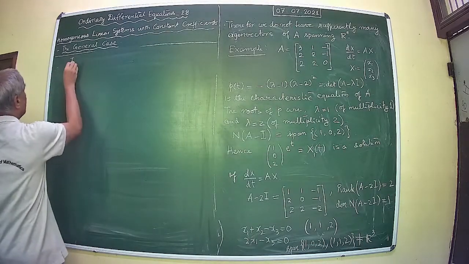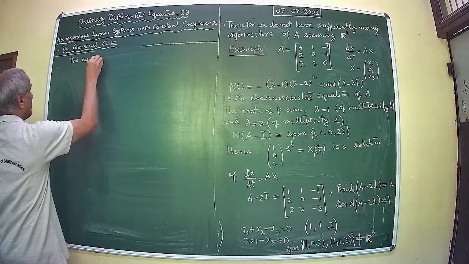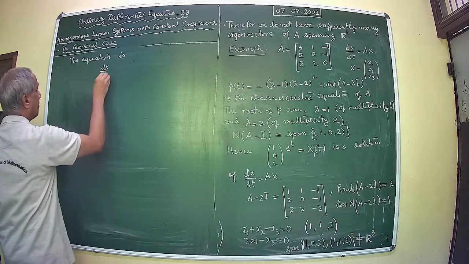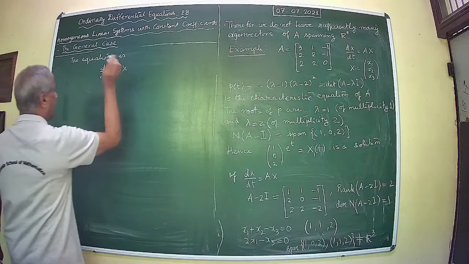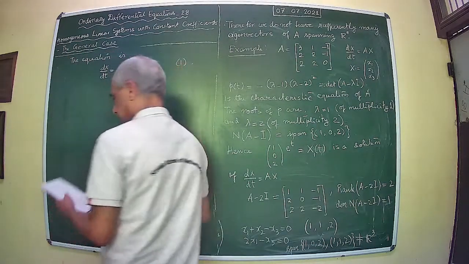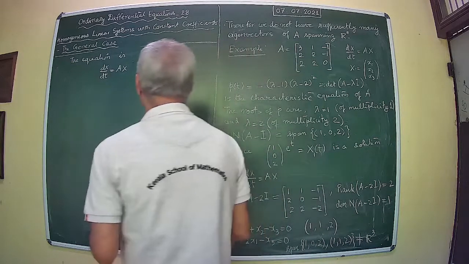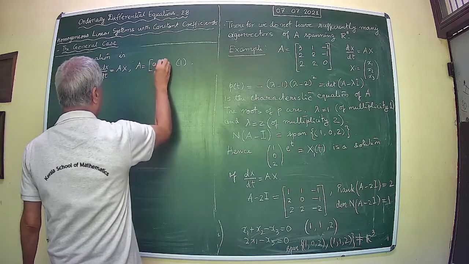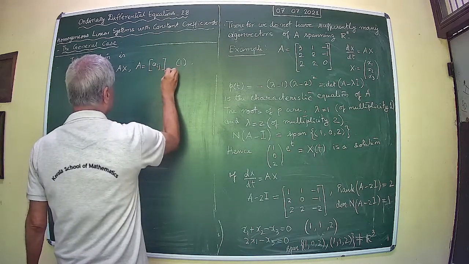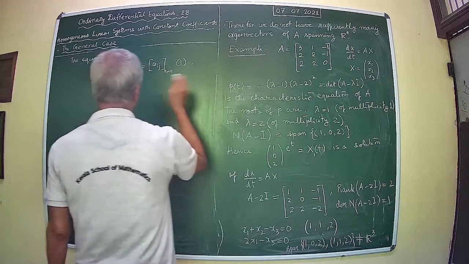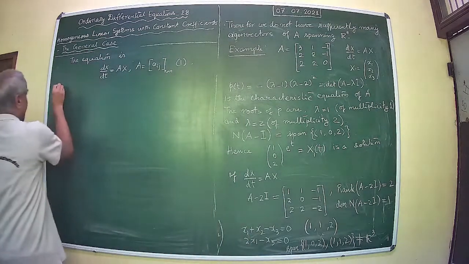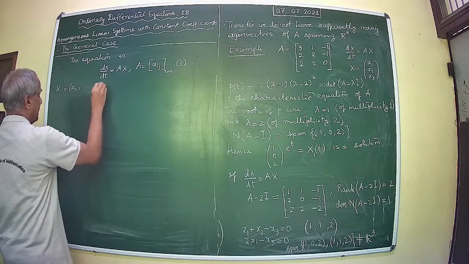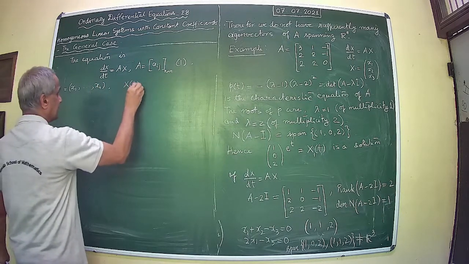So the equation is dx by dt equal to Ax. Now A is equal to Aij. So x we take as the vector with components up to xn.